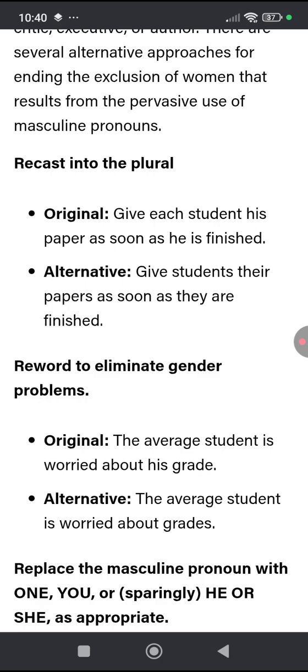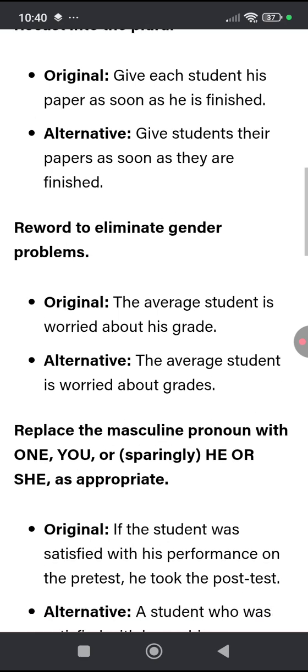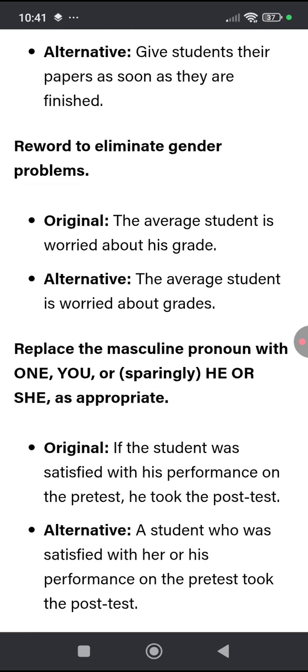The alternative is give students their papers as soon as they are finished. So instead of his and he, we can use their and they. So we're replacing the singular masculine pronoun with the plural forms. So that would include both girls and boys.